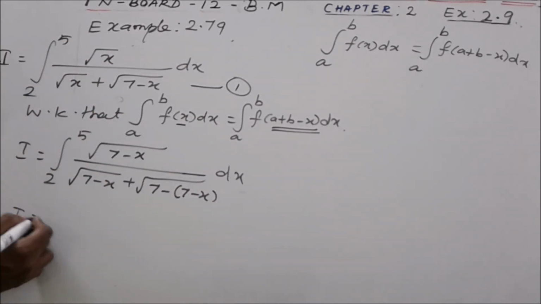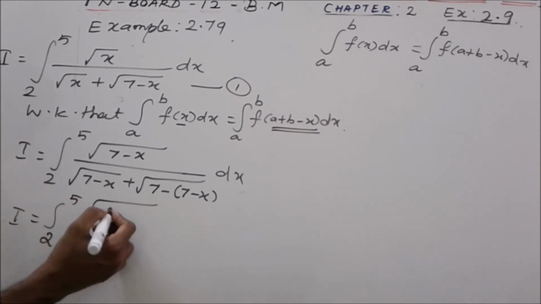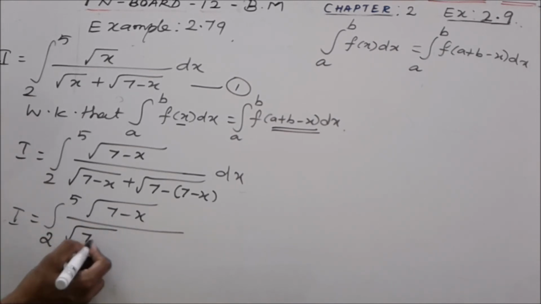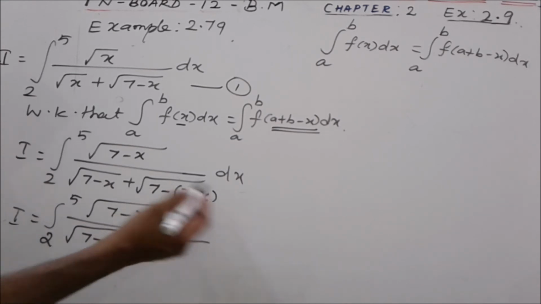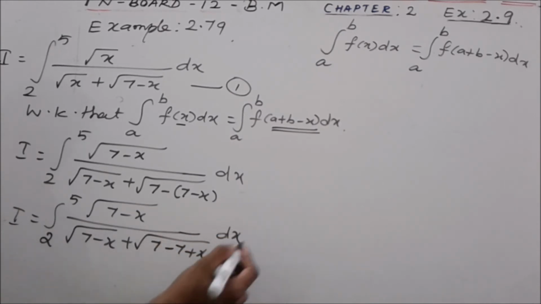Now I equal to the integral from 2 to 5 of root of 7 minus x divided by root of 7 minus x plus root of, now multiplying the minus inside, 7 minus 7 plus x, dx.